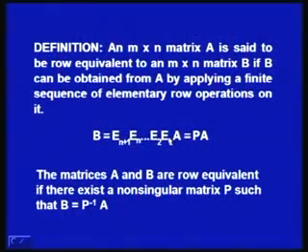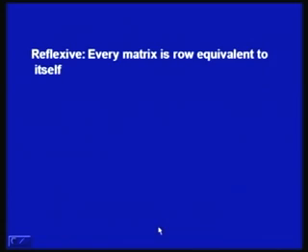When they are multiplied together, they remain non-singular, and that is why this P is non-singular, and non-singular means P inverse exists. So, if you can write B is equal to P inverse A, then A and B are row equivalent.